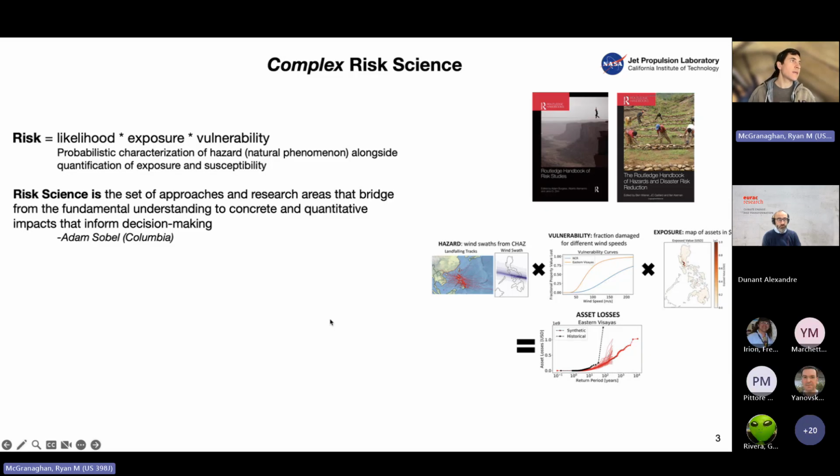So we've been studying this in a number of ways. A couple weeks ago, we had a discussion from Jane Baldwin, who took us full scale from the hazard all the way through to the quantification of the risk for tropical cyclones. Today, as always, we're trying to iteratively create a trajectory and build up complex risk science understanding and capability.